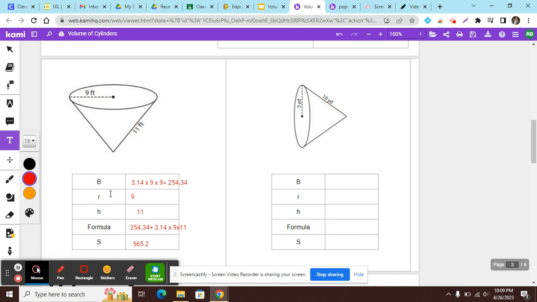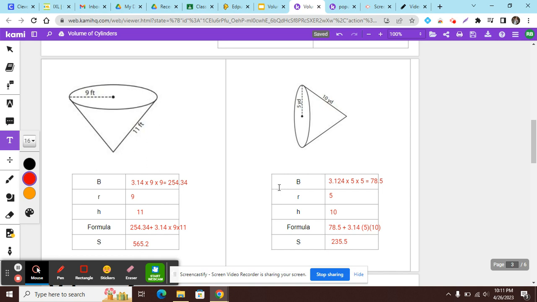Our slant height is 11. Then we put it all together in our formula: the area of the base plus pi times the radius times the slant height. When we put that all together, we get a surface area of 565.2. Go ahead and do the next one on your own.